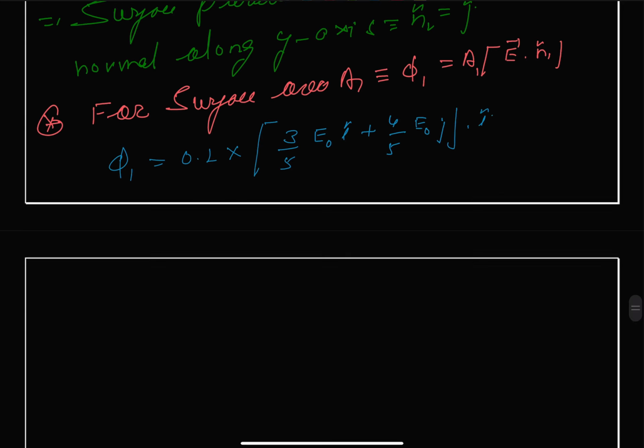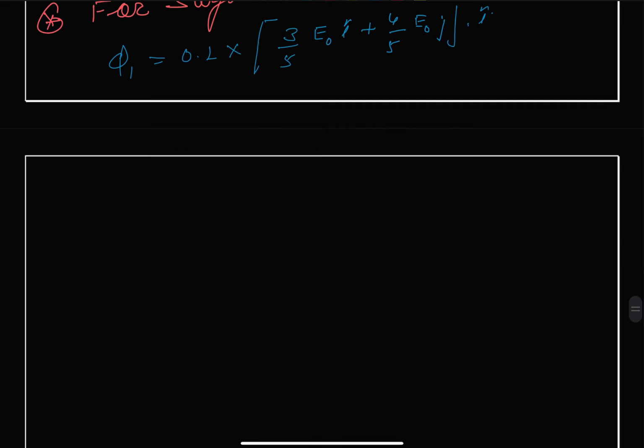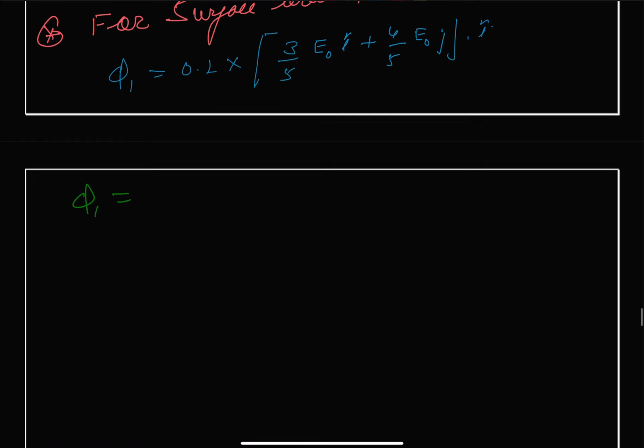So phi 1 will be equal to, since i dot j is 0, the remaining part is only i, so this comes as 0.6 divided by 5 times E0.